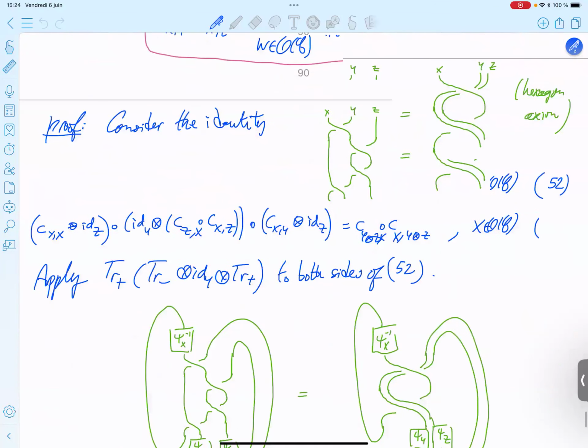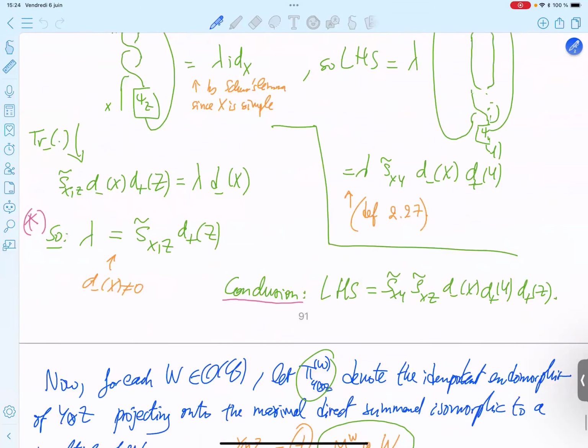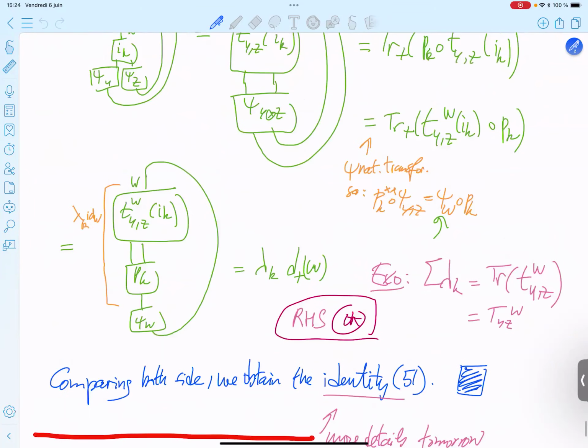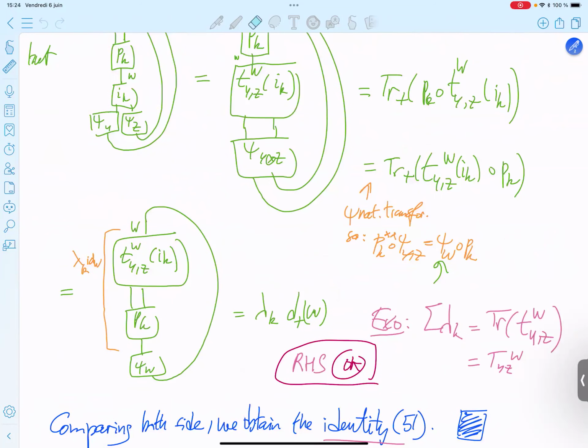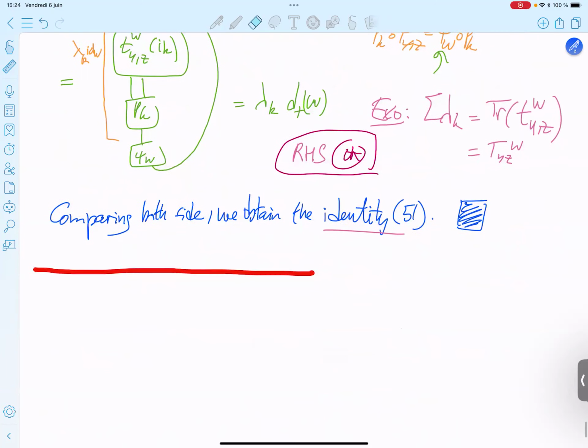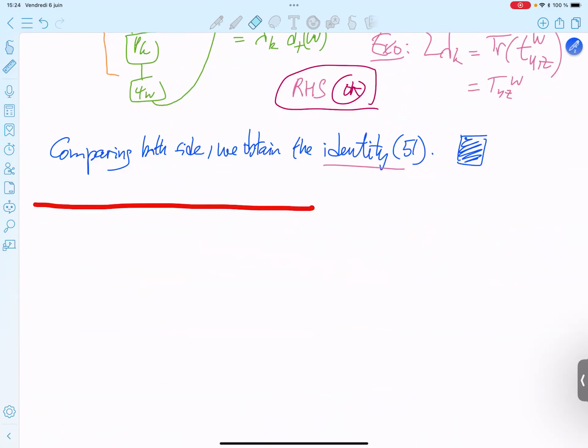So the proof was finished this way, but I said I will write a few more details. So the few more details are the following.